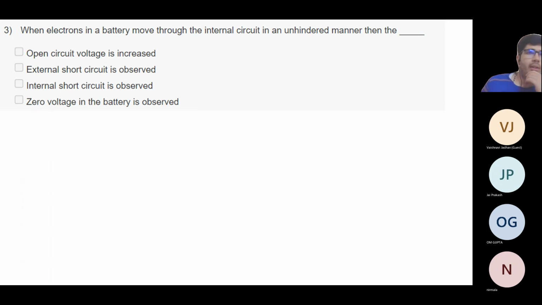Question number 3. When electrons in a battery move through the internal circuit in an unhindered manner, then the open circuit voltage is increased, external short circuit is observed, internal short circuit is observed, zero voltage in the battery is observed. Read the question carefully and also the options carefully.